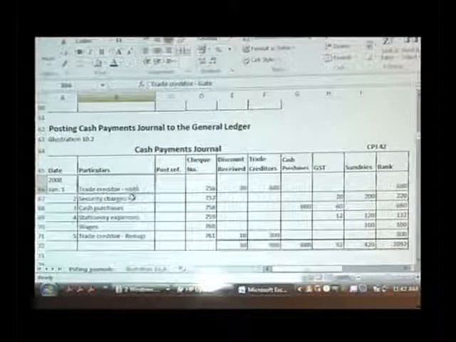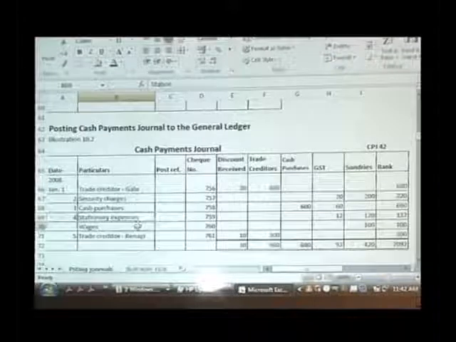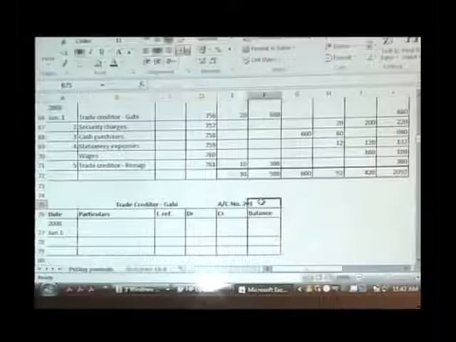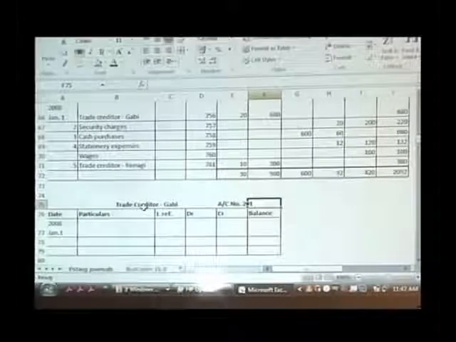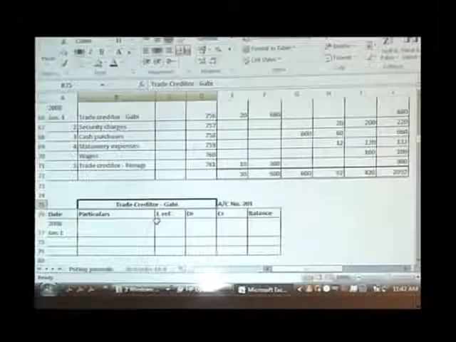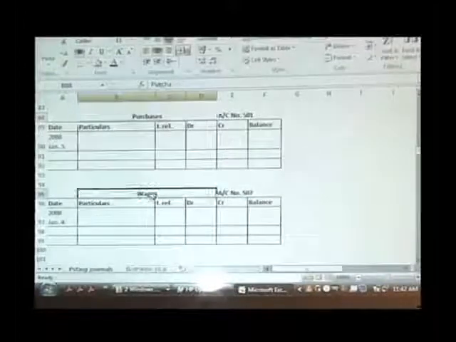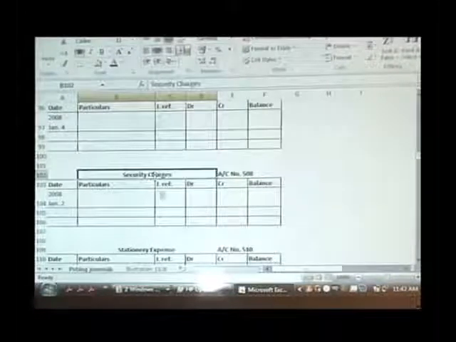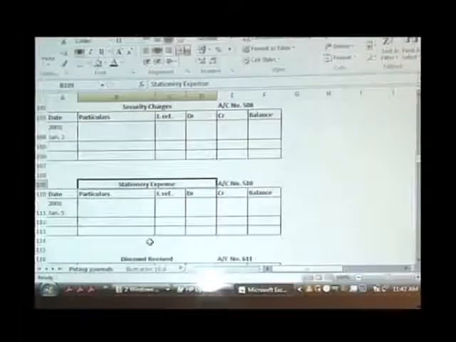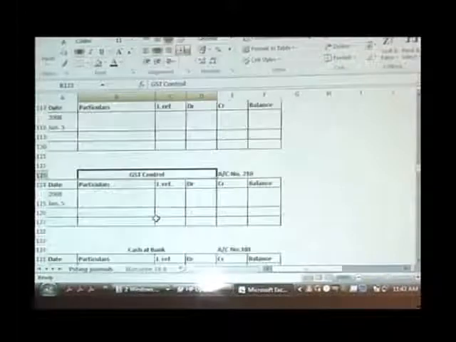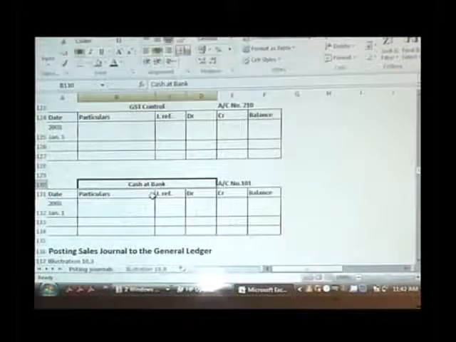All right, so there are a number of items included here, and these are the ledger accounts: trade creditor Gabi, Renagi, purchases account, wages account, security charges account, stationery expense account, discount account, GST control account, cash at bank account.